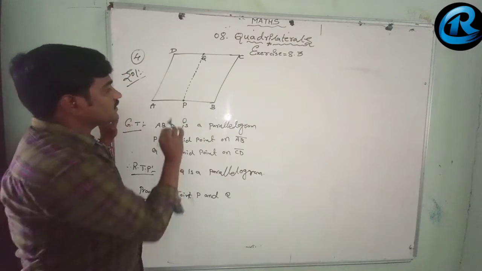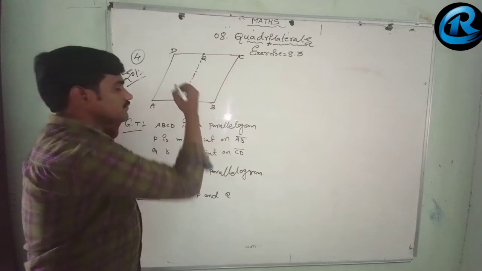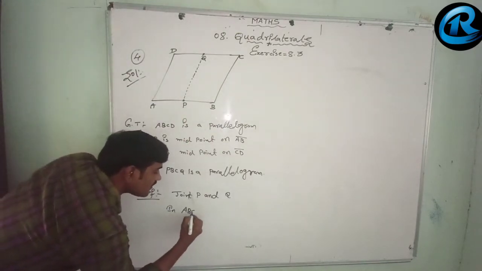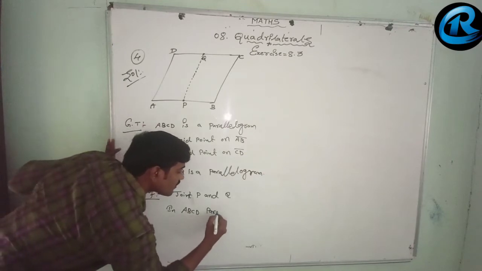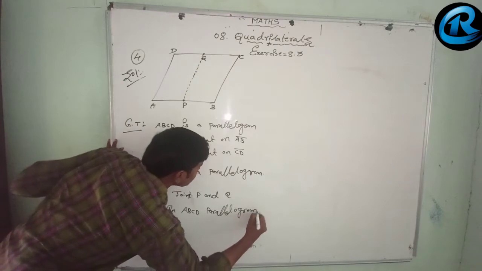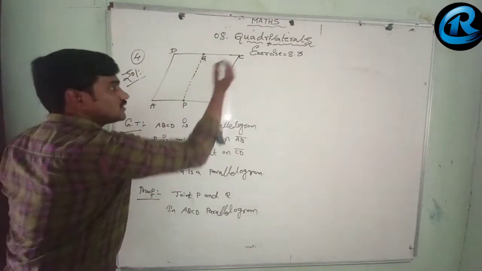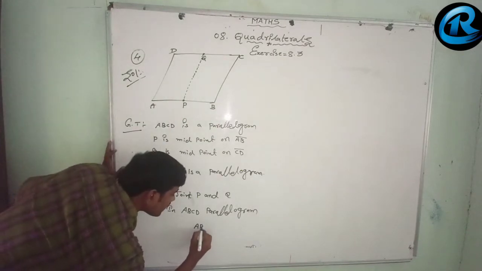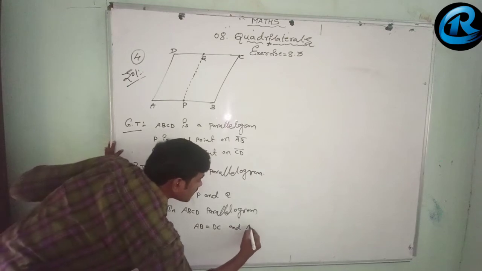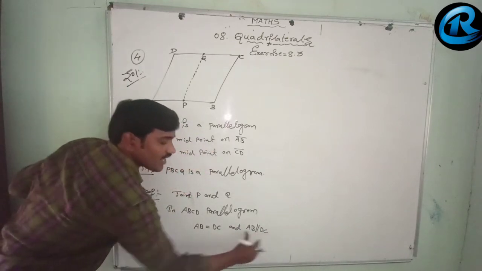As we know, in the parallelogram ABCD, AB is equal to DC, and AB is parallel to DC. Opposite sides are equal and parallel.